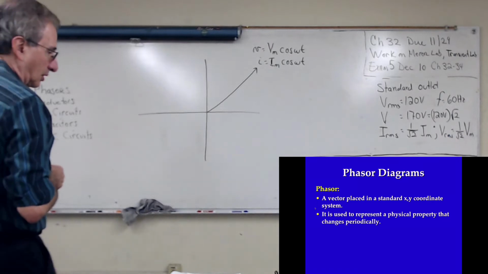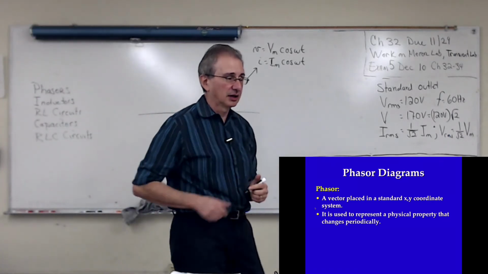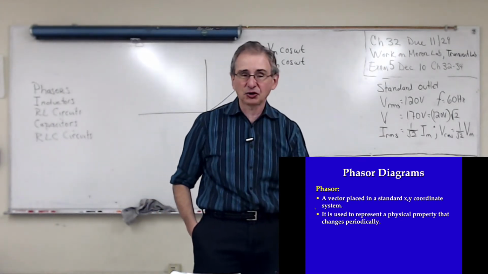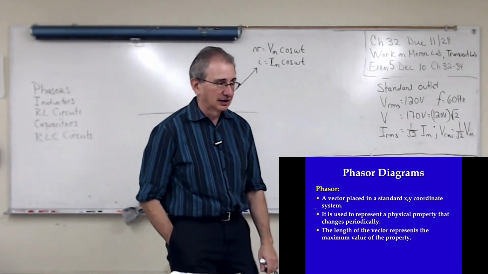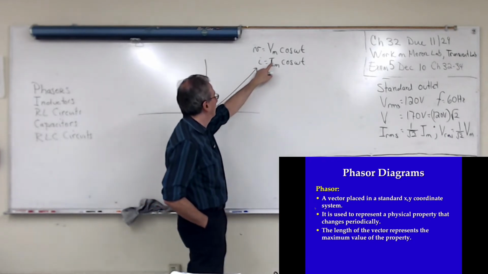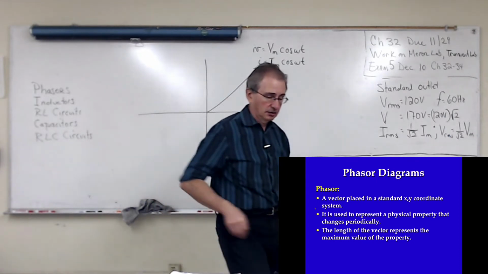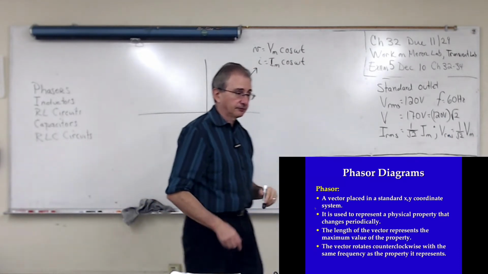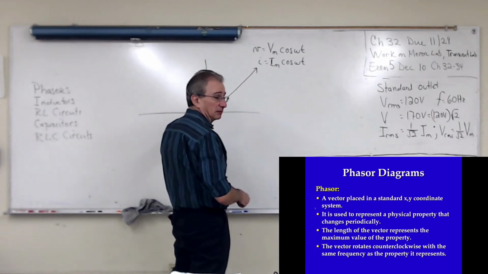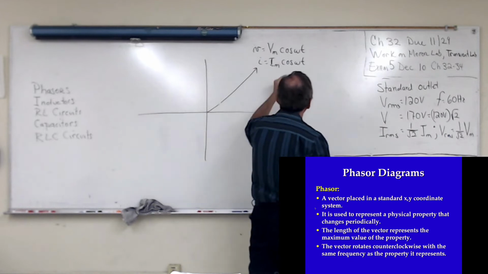It's really used to represent any physical property that changes periodically, sinusoidally, in fact. The length of the vector represents the maximum value of the property, either V sub m or I sub m. This vector rotates in time at the frequency given in the expression.